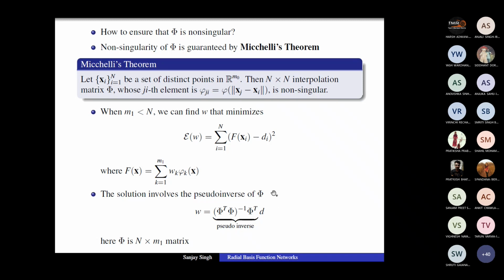We know that when it cannot be guaranteed that your phi is a square matrix, then you don't have the conventional inverse, rather you have the pseudo inverse. So this pseudo inverse, if you remember, I already talked about in linear algebra. What do you mean by pseudo inverse? So here particularly the pseudo inverse of phi is (phi^T phi)^-1 phi^T, and phi is of course an n cross m1 matrix.